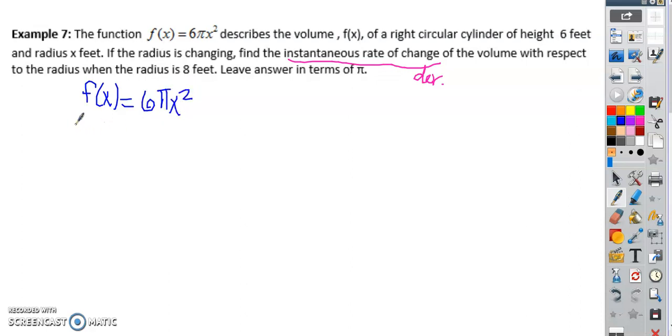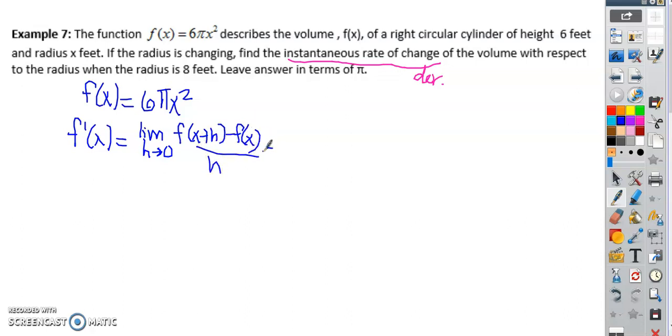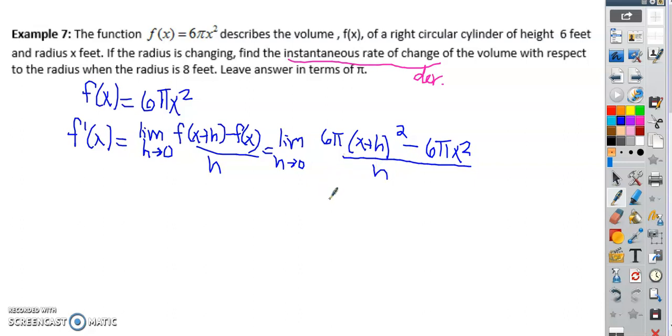We're going to do f prime of x, the derivative, which is the limit as h goes to 0 of f of x plus h minus f of x over h. So the limit as h goes to 0 of 6 pi times x plus h quantity squared minus 6 pi x squared all over h.